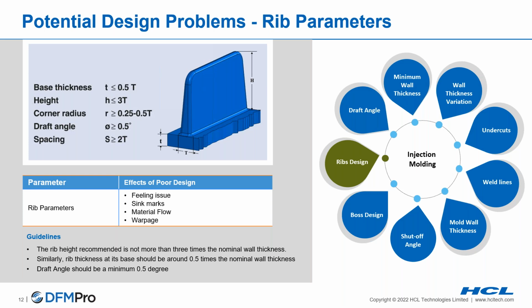The impact will be filling issues, sink marks, material flow issues, and warpage. General design guidelines would be that the rib height should not be more than 3 times the nominal wall thickness. Sometimes you can increase the height, depending upon the material. Similarly, rib thickness at its base is around 0.5 times the nominal wall thickness. Draft angle should be minimum 0.5 degree to 1 degree.